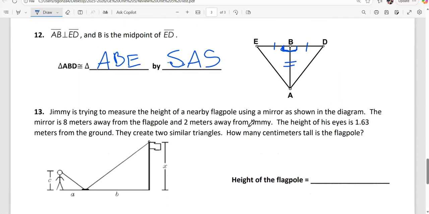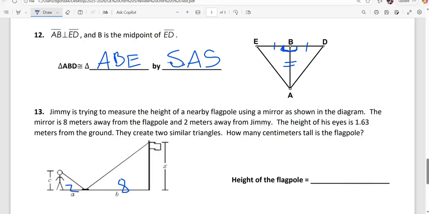One more. Jimmy's trying to measure the height of a nearby flagpole using a mirror as shown in the diagram. The mirror is 8 meters away from the flagpole. So that means B, this is going to be 8 from the flagpole. And 2 meters away from Jimmy, so A is going to be 2.